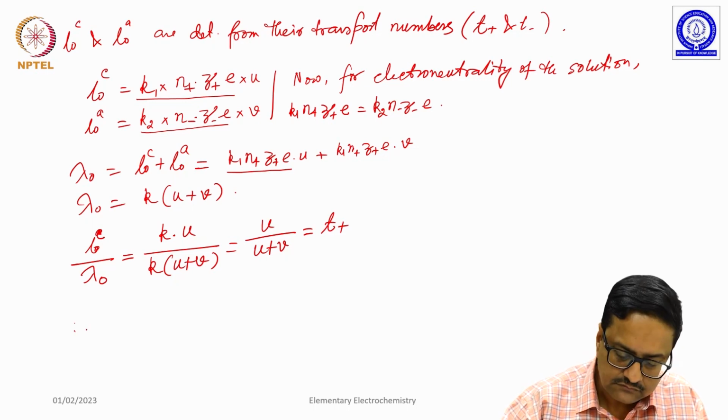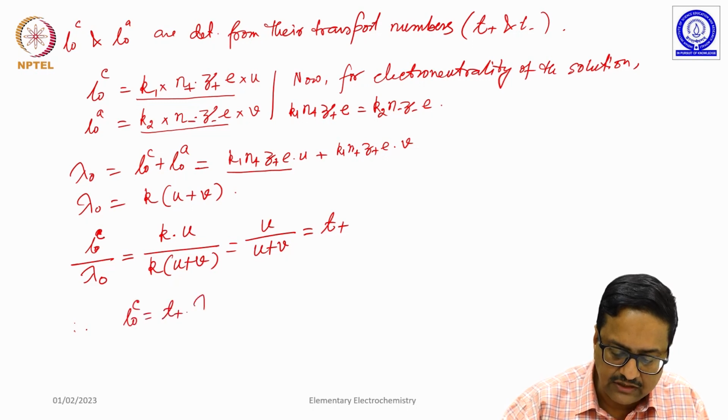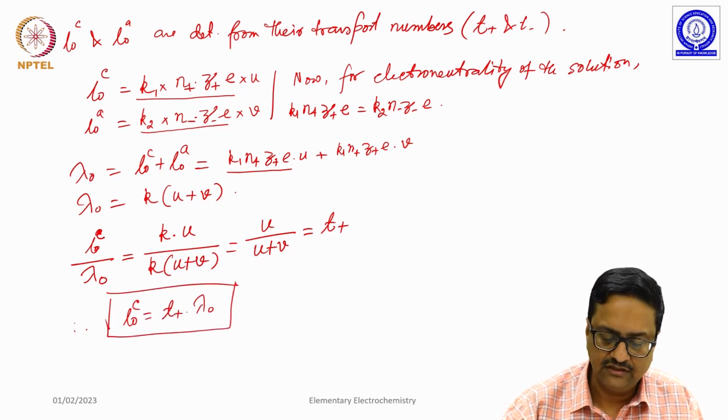Therefore, L0 cation is nothing but transport number of cation multiplied by lambda 0 of that particular electrolyte.